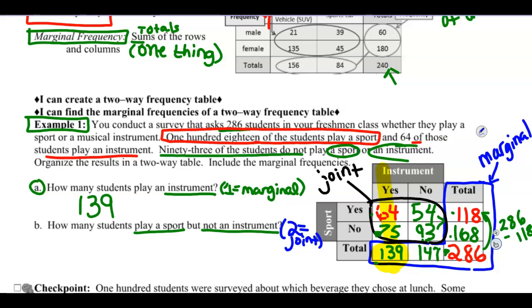So let's see, plays a sport. So I'm going to highlight the yes plays a sport, and it says not an instrument. So the no, where do they meet at? I can see right here. This is yes for a sport and no for an instrument. So my answer would be 54.